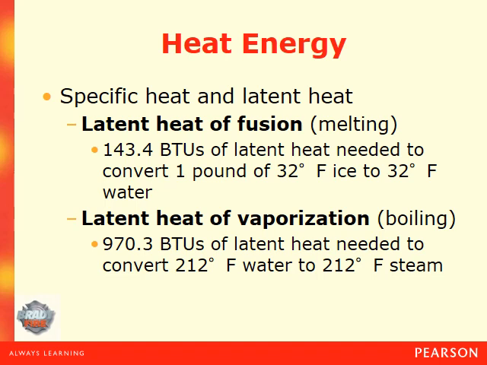And here are some common measurements for you. Latent heat of fusion, basically melting: 143.4 BTUs of latent heat is needed to convert 1 pound of 32 degrees Fahrenheit ice to water.